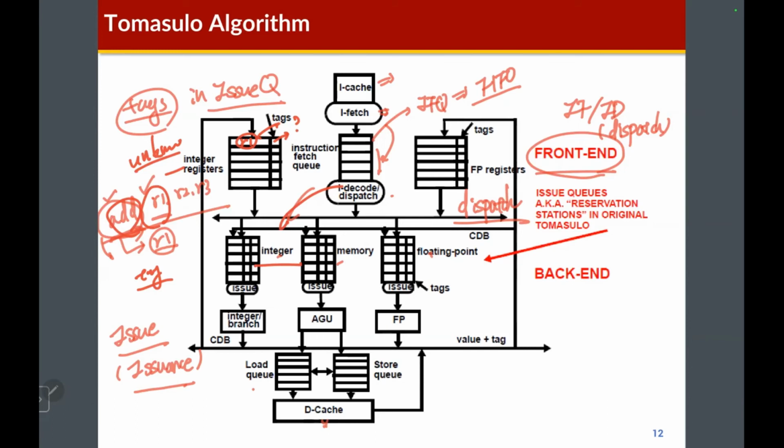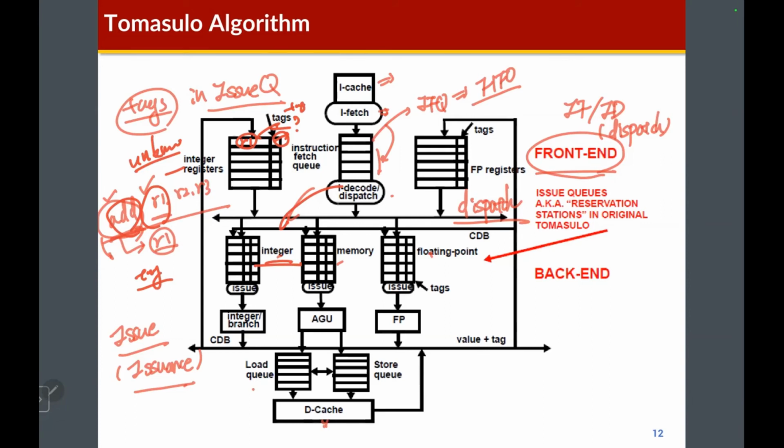So when the instruction is dispatched to the issue queue, the tag, like the issue queue entry number, is updated to the register. If this tag is valid, it means that R1 is being updated.